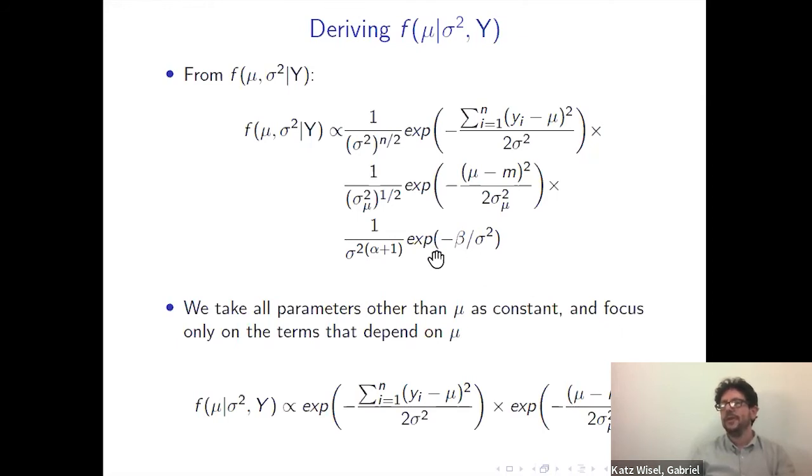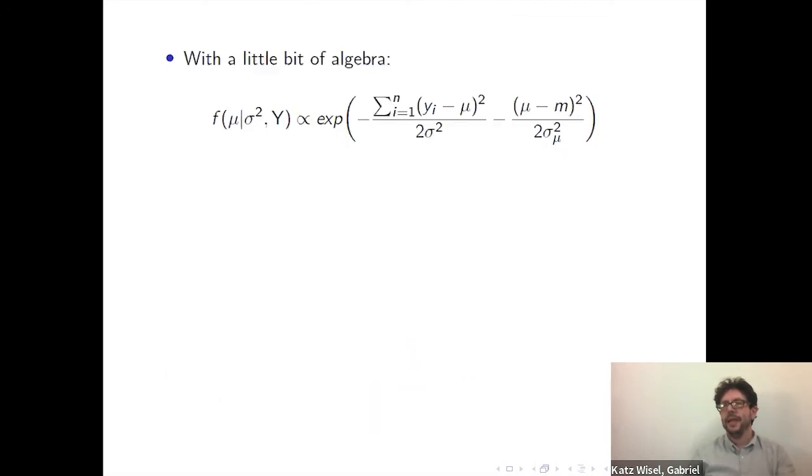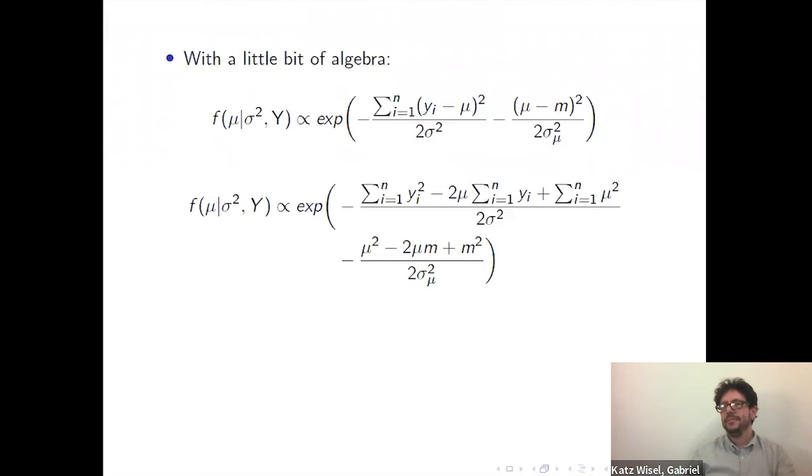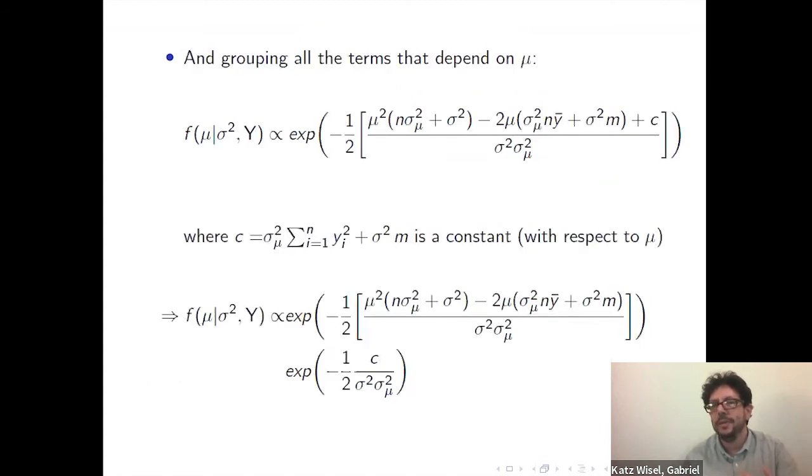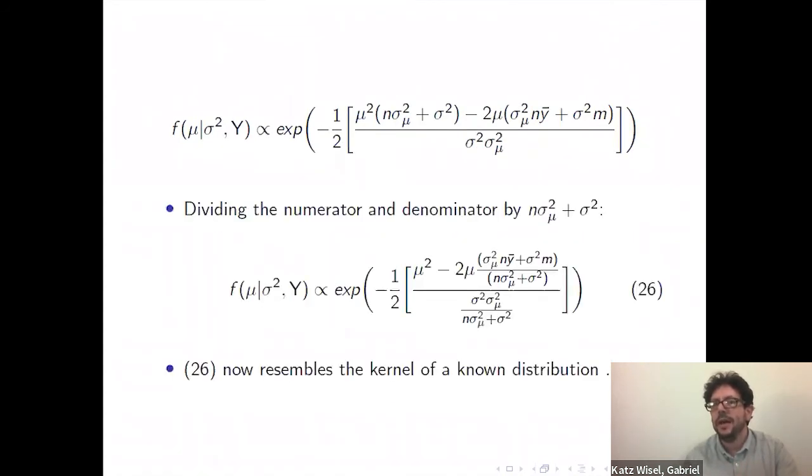So essentially, I can forget for a moment about all the terms that do not depend on mu. And with a little bit of algebra, I arrive at the fact that, and again, the slides go into much more detail about this, but the point is, if I take sigma squared constant, when I derive the posterior distribution of mu and do a little bit of algebra, what I arrive at is an equation like 26, where the conditional posterior distribution of mu resembles a normal distribution.